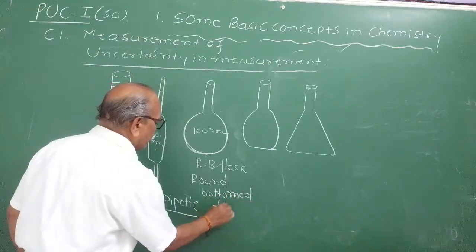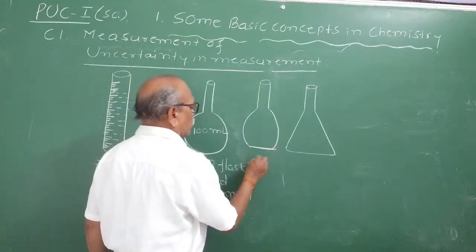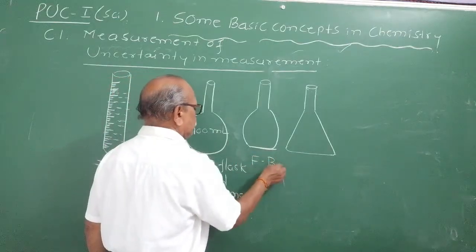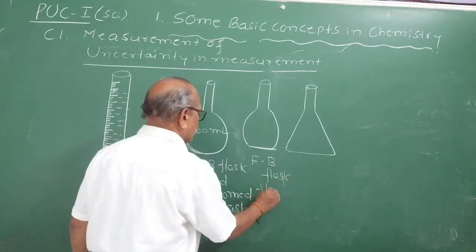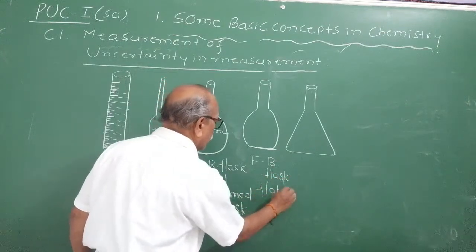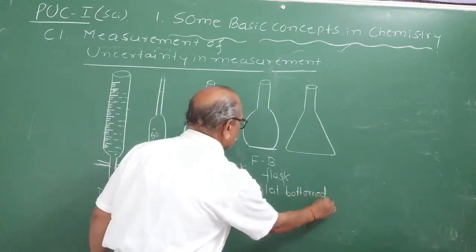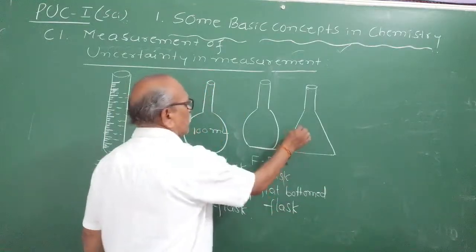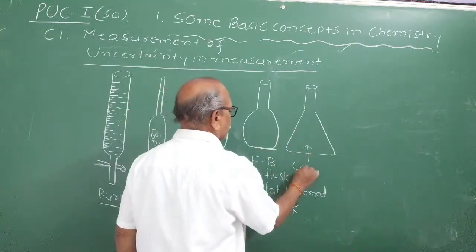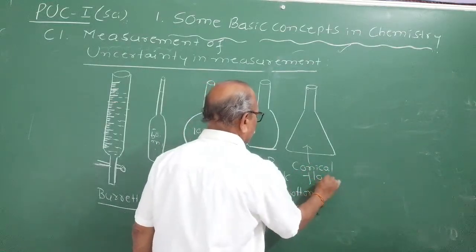Round bottom, flat bottomed flask, FB flask. FB flask means a flat bottomed flask. You must have flasks you are using in the laboratory. Have some practical knowledge.